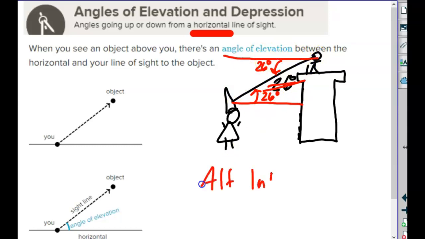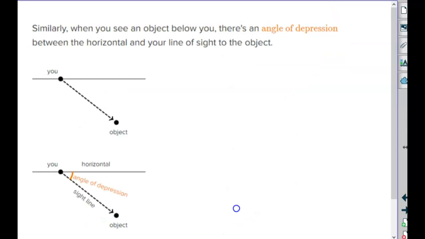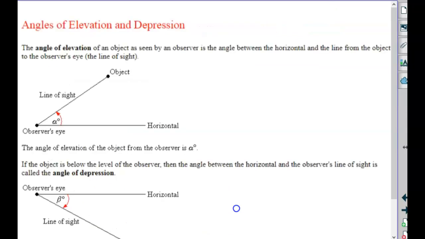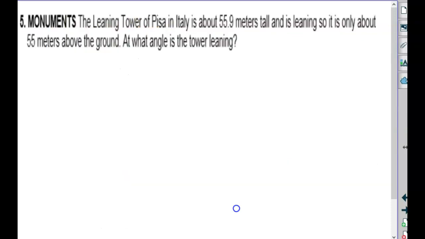Alternate interior angles from geometry, they make that Z. He's looking down or she's looking up, here and here, the same amount. All right. So this is the angle of depression. It's always from the line of sight, or from the horizontal, up or down. All right, I've killed that idea.